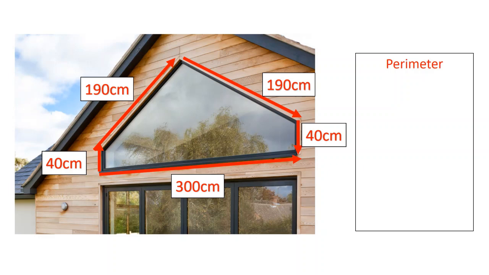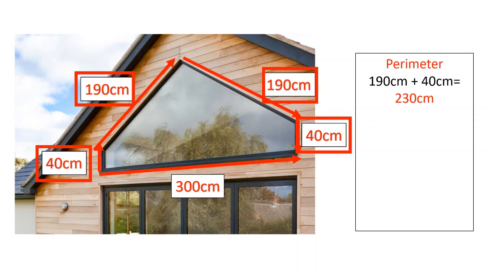Okay, so the way I would do this, there's not one right way, is I'm going to take these two first on the left hand side, 40 plus 190. So 40 centimetres plus 190 centimetres is 230 centimetres. Now that I've done 190 plus 40, I can do it again to measure the other two sides, and that's another 230 centimetres.